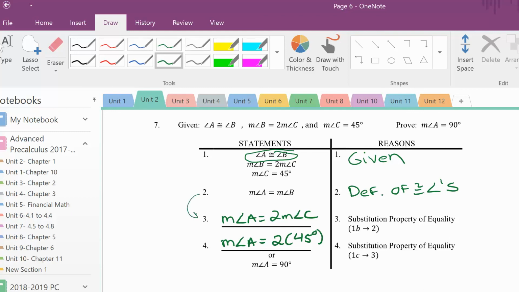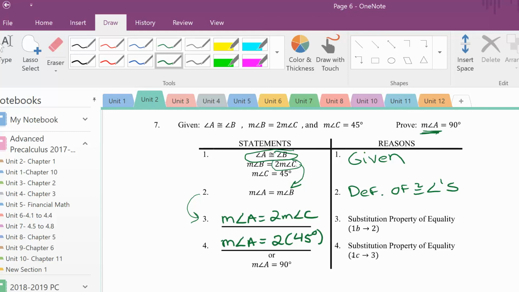To go from 2 to 3, it says substitution property of equality, 1b. So here, you're going to substitute into 2. So remember, you want to get the measure of angle A. So A is going to stay the same, but what you're going to substitute is that 2 times the measure of angle C is equal to the measure of angle B. So that's what you substitute.